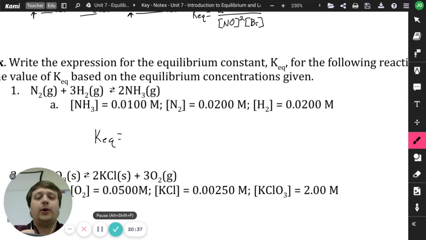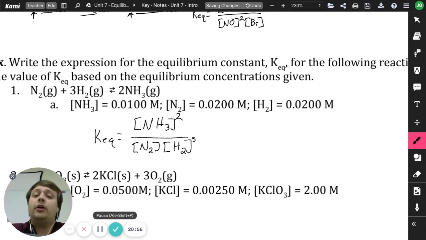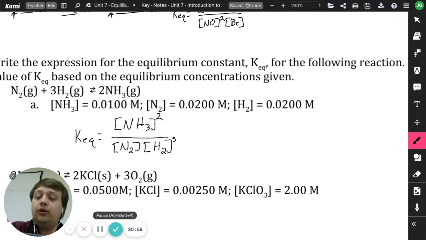I personally like to write out my formula first. So it's the concentration of my products, NH3 to the second power, divided by the concentration of my reactants, N2 and H2 to the third power. Okay? Then what you would do is plug in your equilibrium concentrations that you're given.